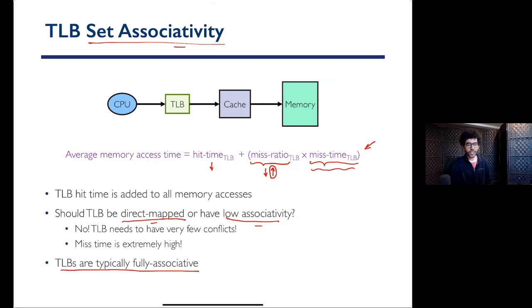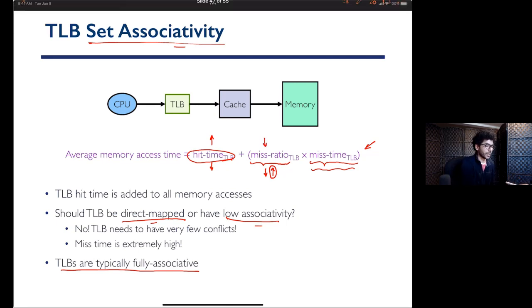TLBs have fully associative caches. This means that you're going to have higher hit time, because the TLB is more complicated since it's fully associative, so it needs more hardware. So you're going to pay higher hit time, but at least your miss ratio is going to be low.